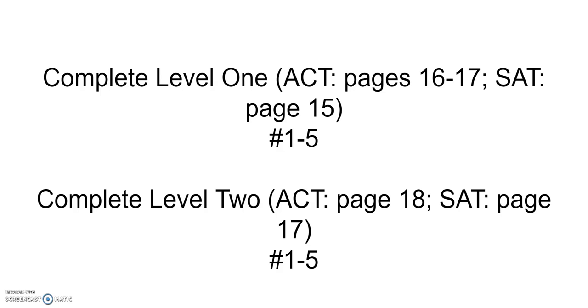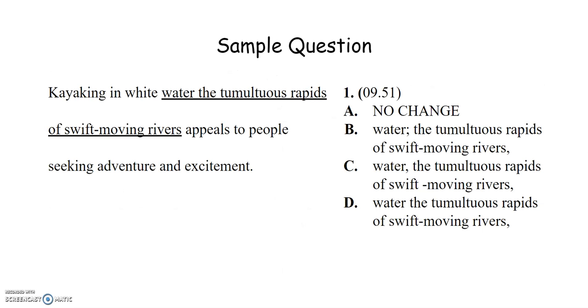Here's some practice that you can do, but we are going to go over this sample question together, so go ahead, pause if you need to read through. But you can see that we have kayaking in white water, the tumultuous rapids of swift-moving rivers appeals to people seeking adventure and excitement. So we have to think to ourselves, what can we take out of this sentence and still have a sentence that will make total perfect sense?